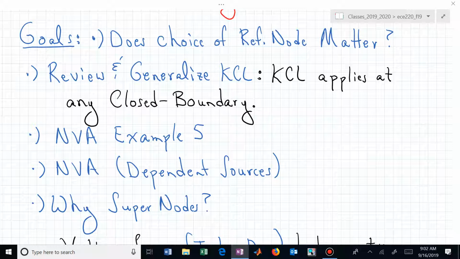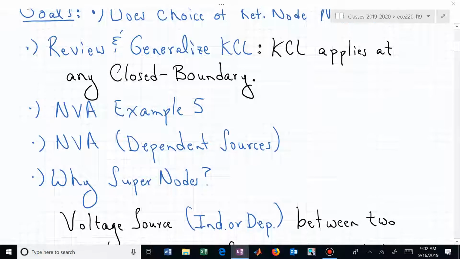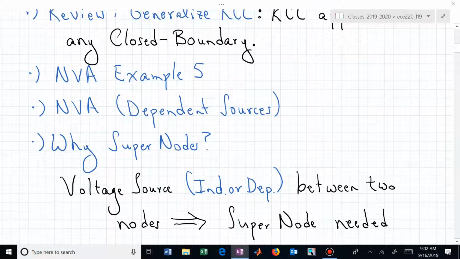We can figure out what's going in and going out, or say what's the algebraic sum of the currents relative to this closed boundary. That's going to be instrumental in allowing us to work with supernodes, which I hope we get to. But we have a couple of examples I want to work through before that.